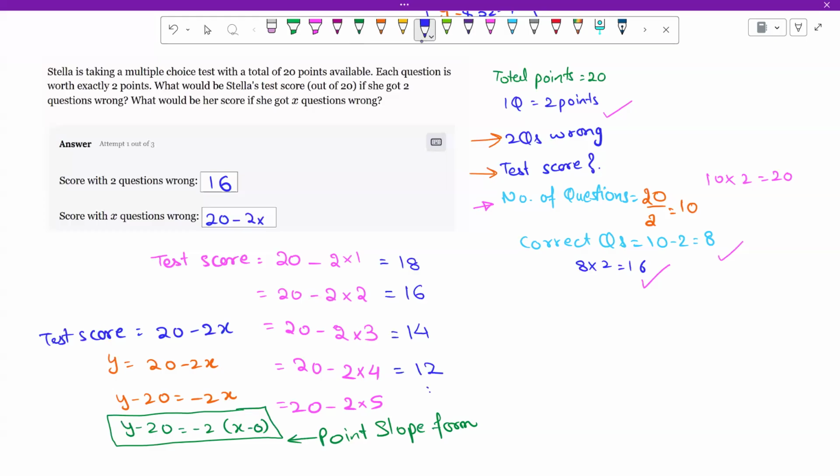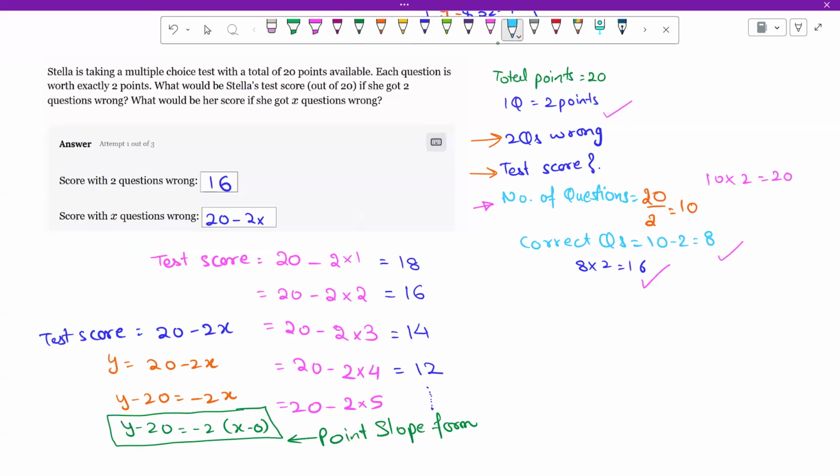And so on, we can go on with multiple questions wrong till the 10th question. We wanted to generalize for X questions. So we know 2 times the number of questions wrong will give us how many marks are deducted. So we use that and we got this equation 20 minus 2x.